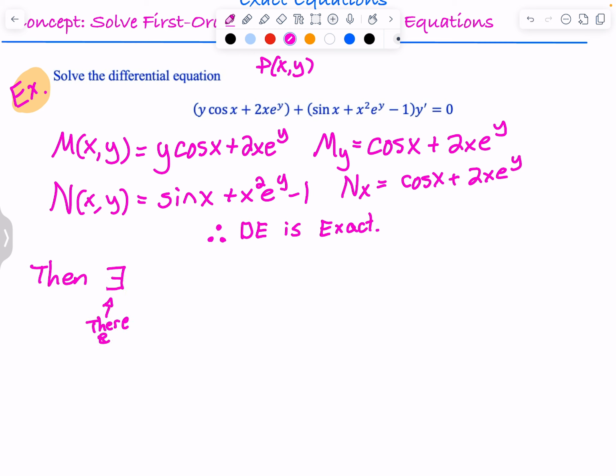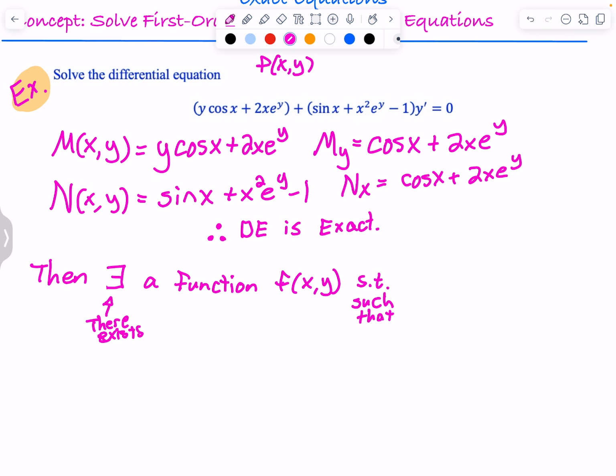There exists a function f of xy such that if I take the partial of f with respect to x, I get M. And if I take the partial, that's not a 2, by the way, that's my differential symbol, with respect to y, I'm going to get N. So that's what we got from it being exact.